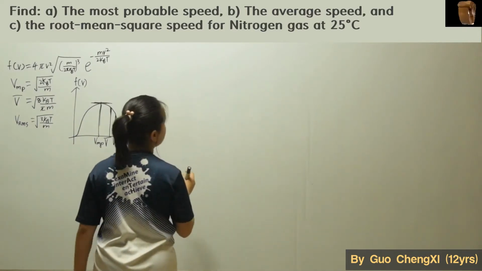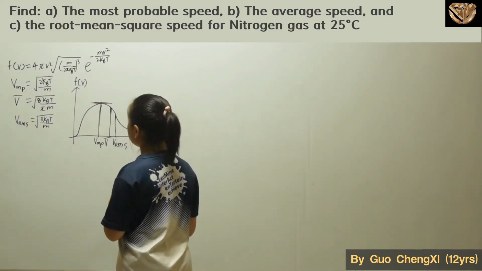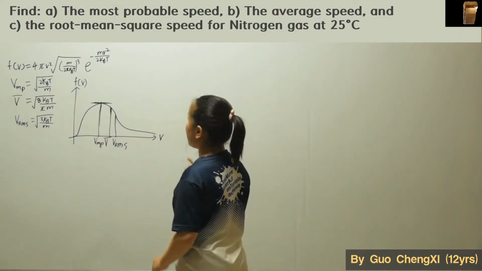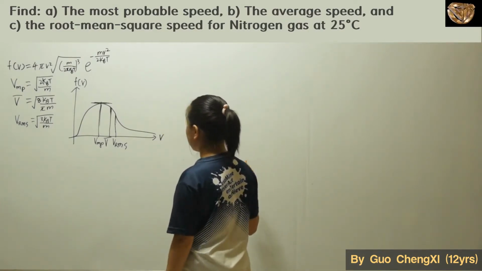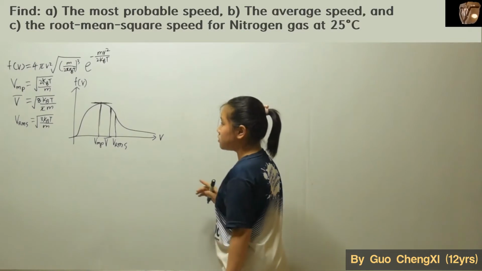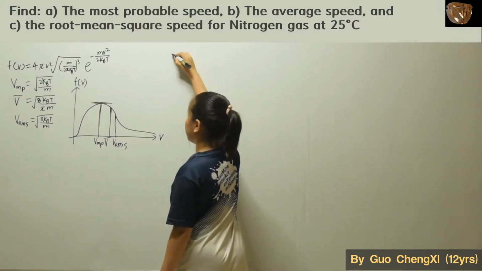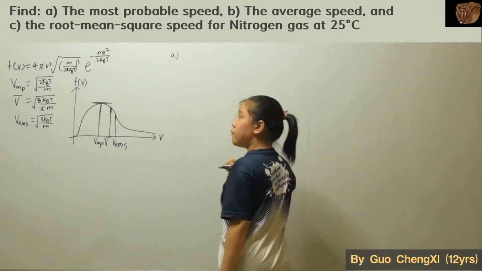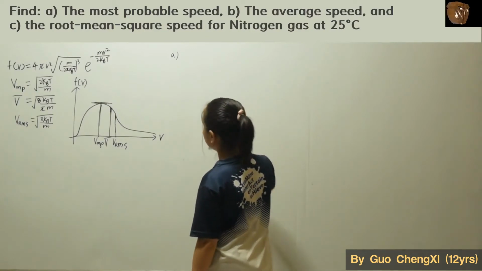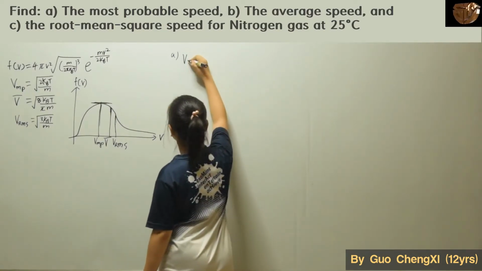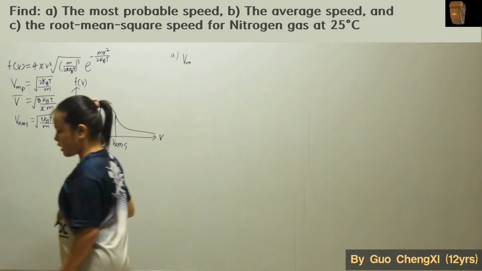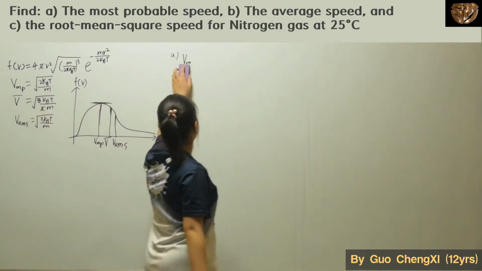Now for this question, we'll need to solve all three of these. For part A, the most probable speed, before that we need to be certain about a few things.